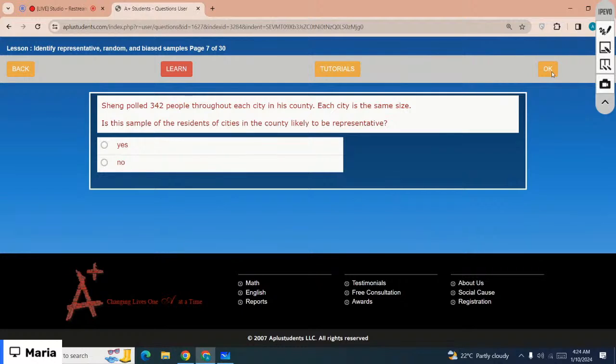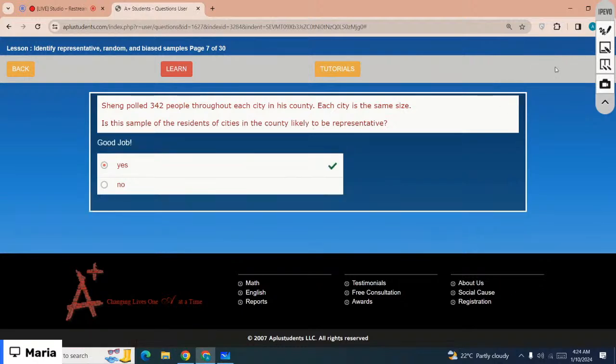And from each city, since Sheng divided the residents into equal sized groups by cities and then chose an equal number of residents from each city, that means it is likely to be representative. The correct option is yes.